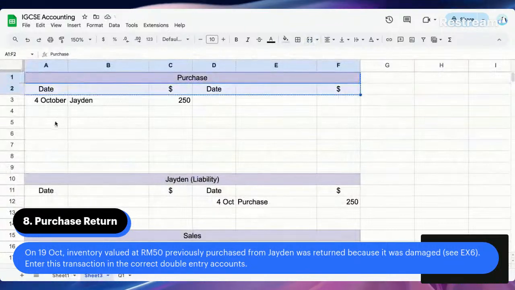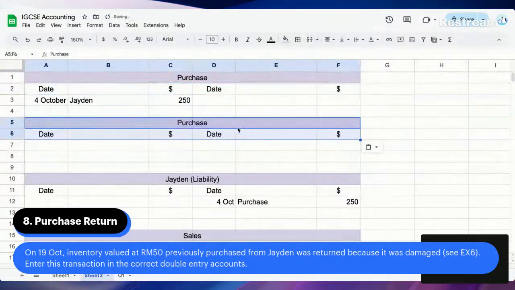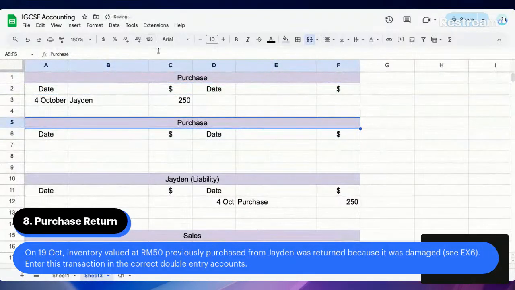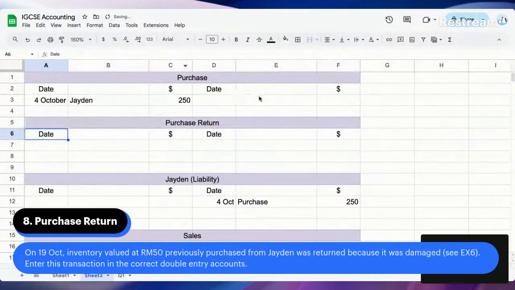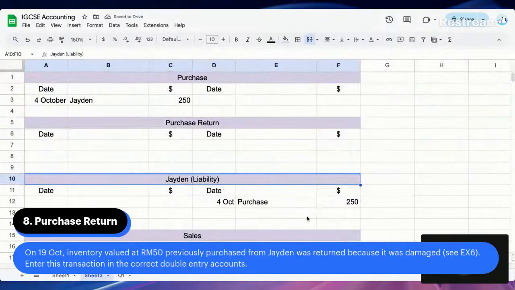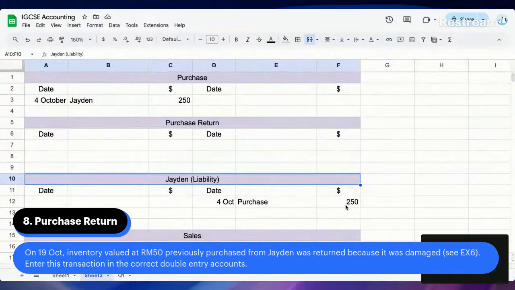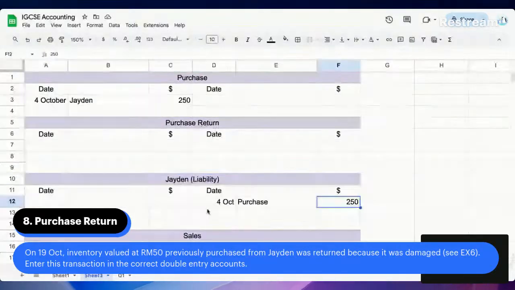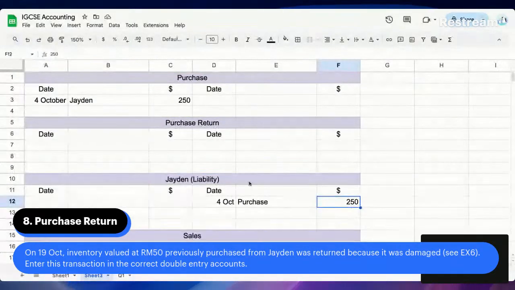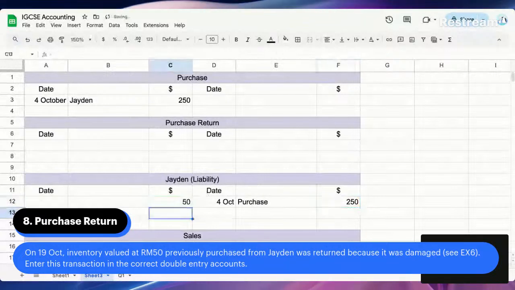The name of this new T account is return. So I purchased from Jayden, and now I want to return 50. So it's reduced. Here it's 50.